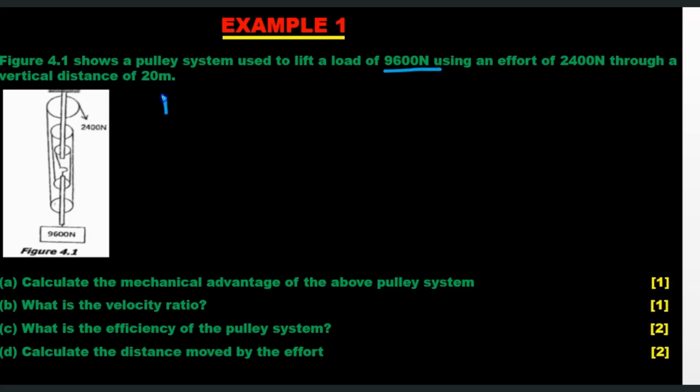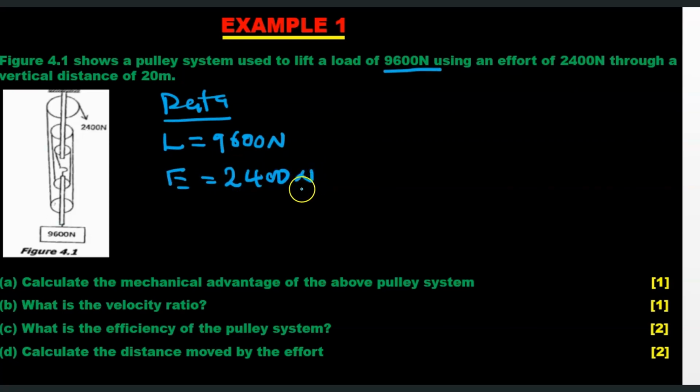Before you start calculating, make sure that you have all the information that you need. So we already have the load indicated here, 9,600 Newton, lifted using an effort of 2,400 Newton, through a vertical distance.